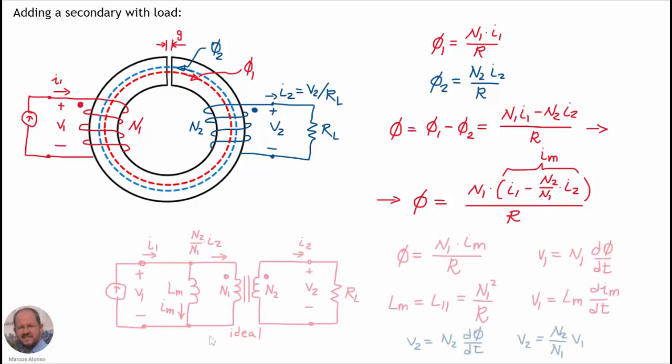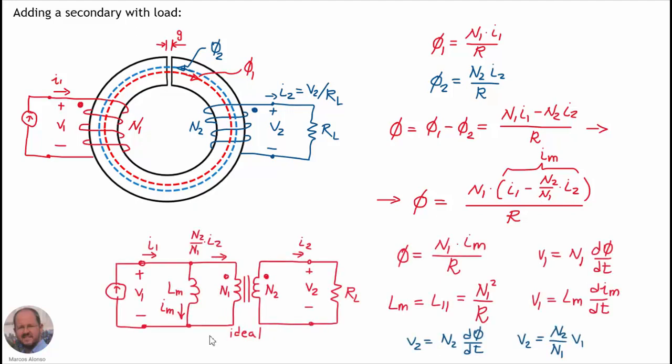And with this we can obtain the most basic model of a real transformer, which is shown here. We have the magnetizing inductance and we have an ideal transformer. So the magnetizing inductance models the creation of the flux inside the core.